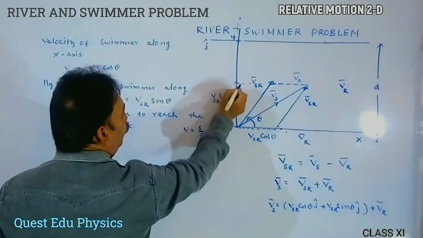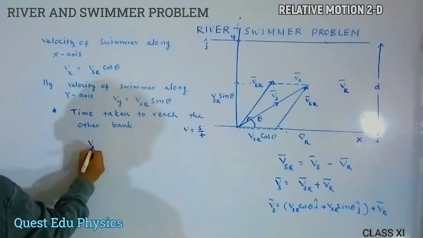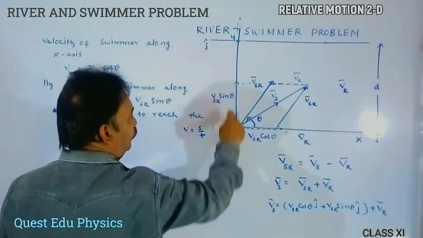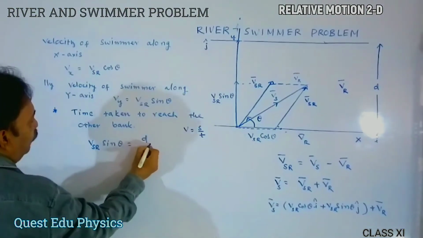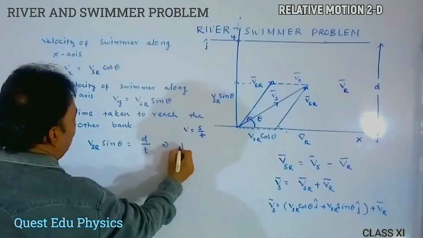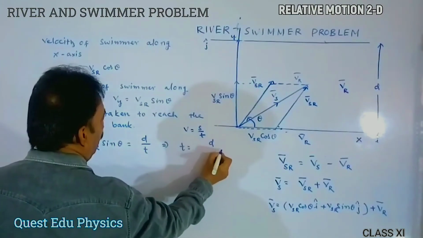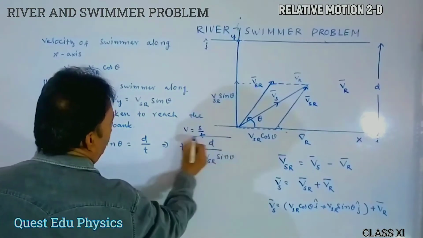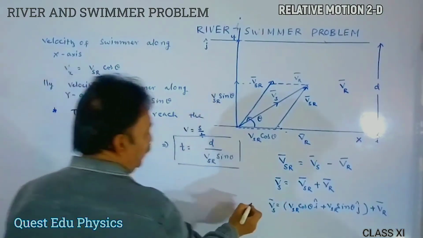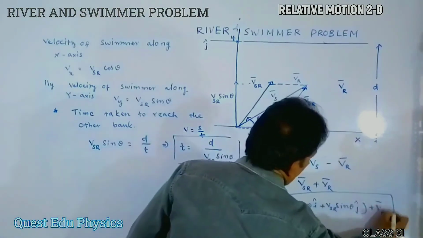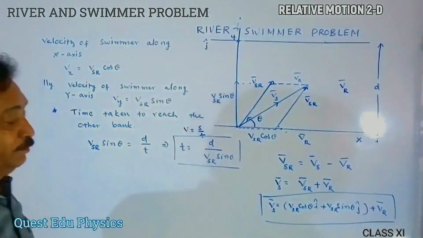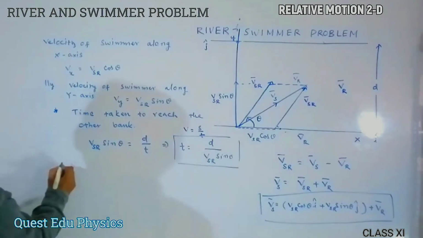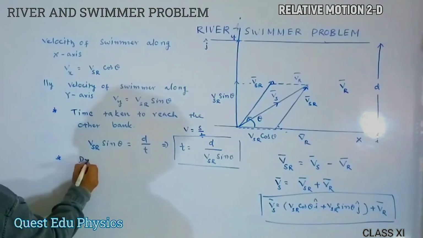It is moving in this way. Means what? VSR sin theta is equal to displacement, what we have, D, upon time. That is, T is equal to what we have? D by VSR sin theta. Already we got the velocity of the swimmer with respect to ground, and the time to reach the other bank. Okay, students? Then after, we have to find the drift.